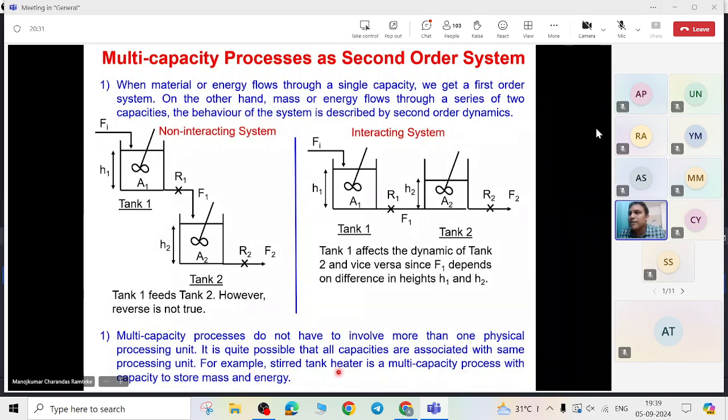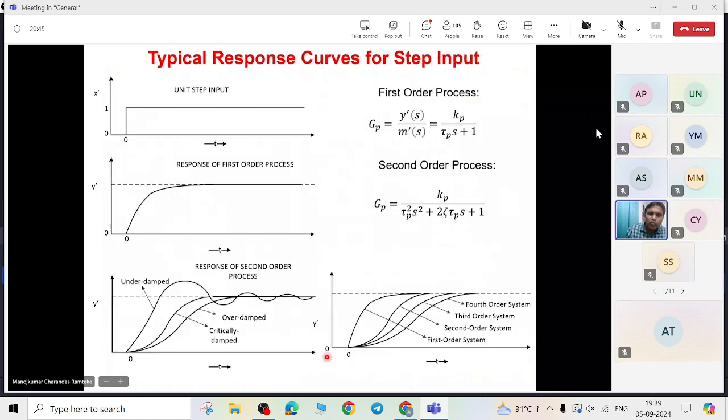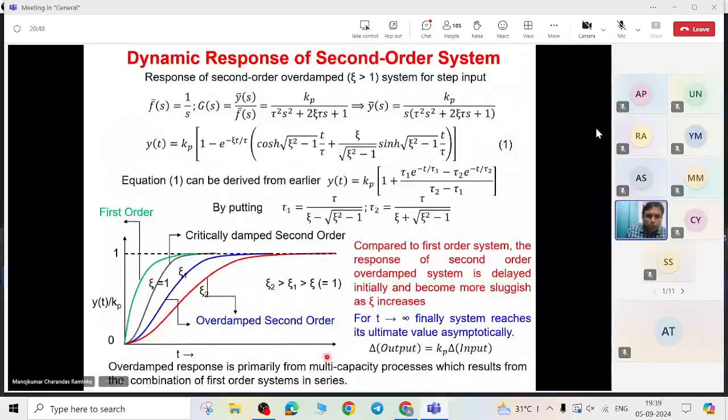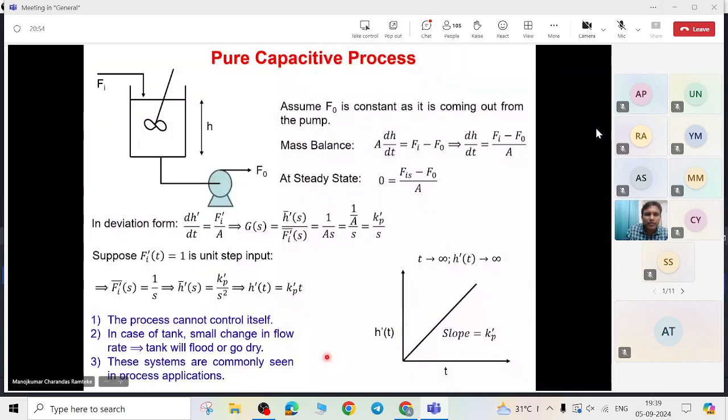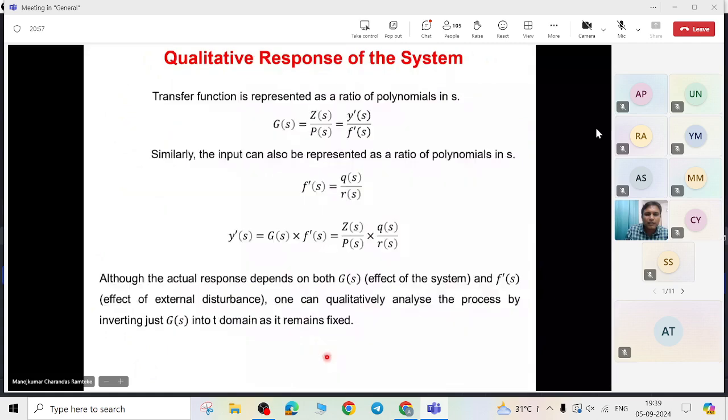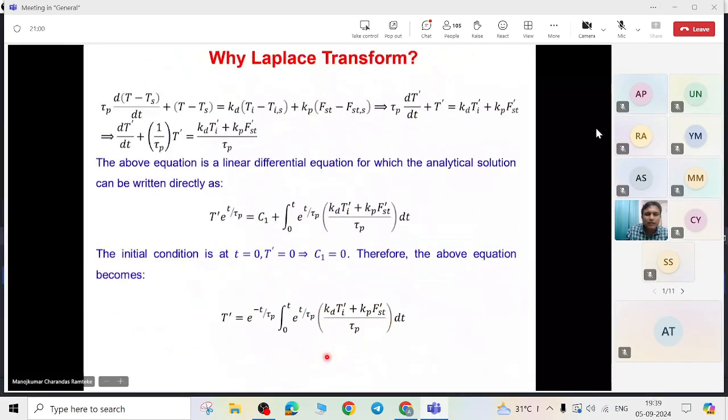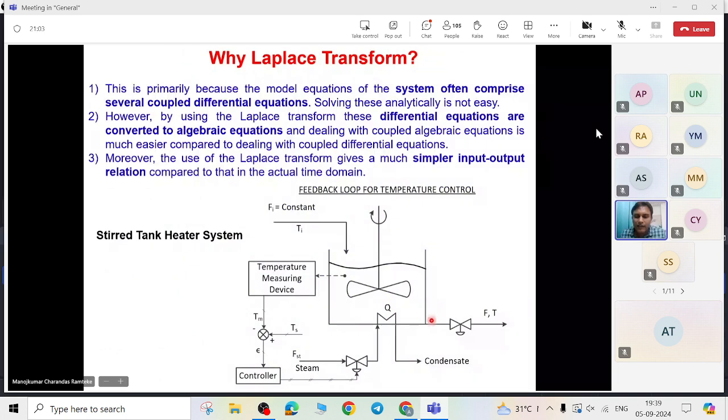If you look at differential equation, I'll show the how first order transfer.